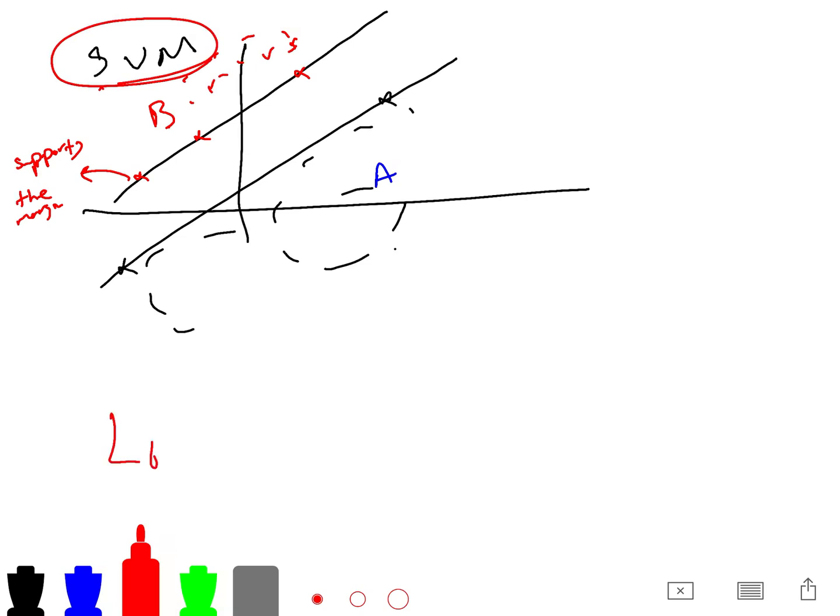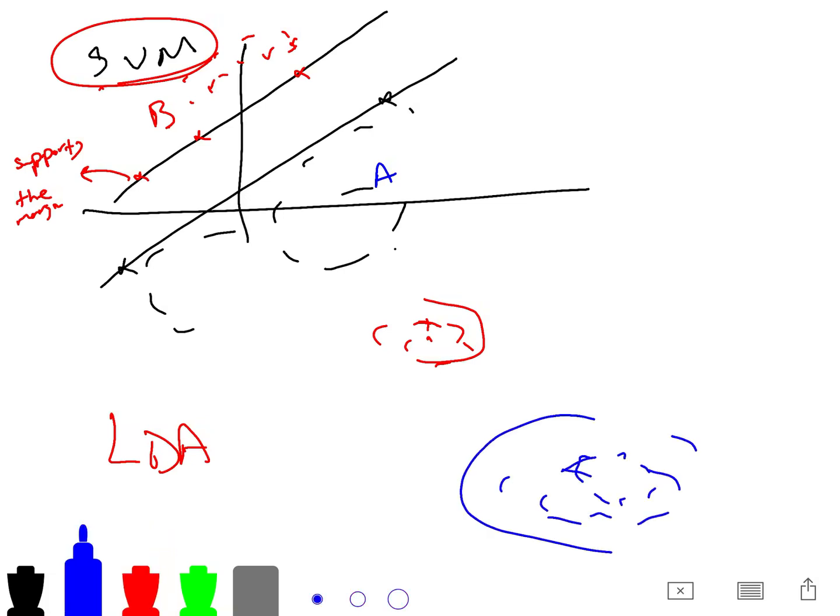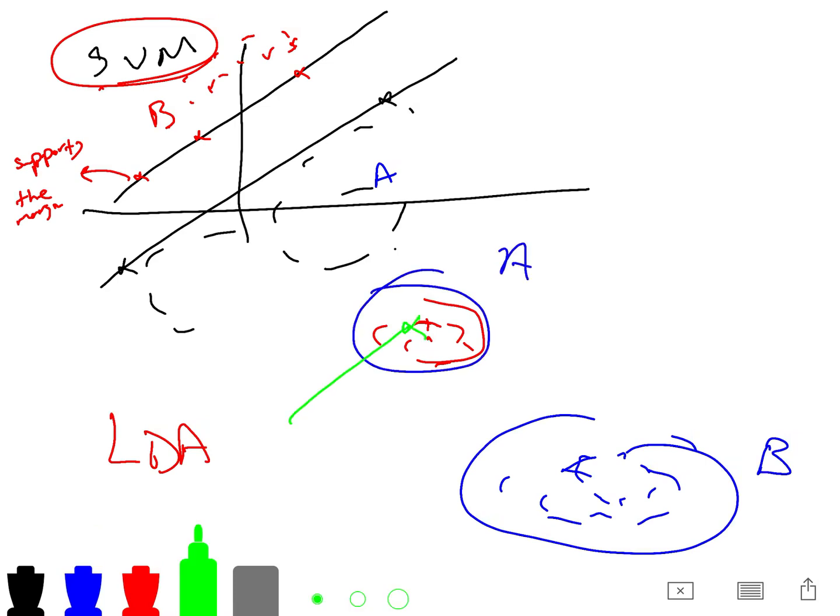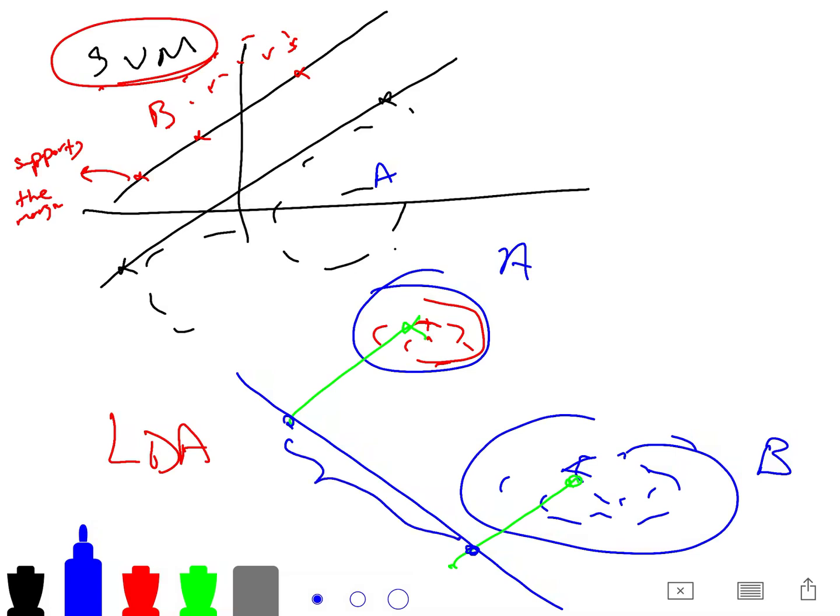But in LDA, if you just have, for example, one scatter of class B and this is class A, the mean of this is here, the mean of this is here. You want this distance to be as big as possible. This is the goal of LDA.